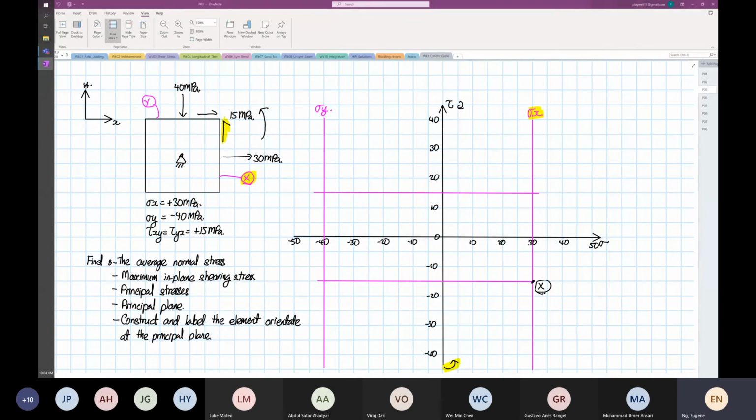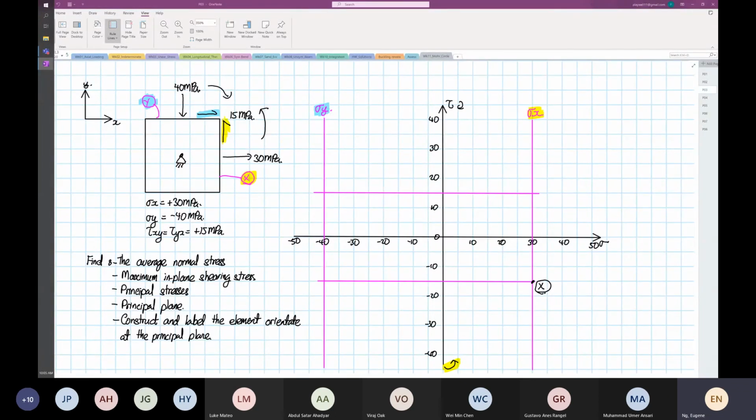And then if you look at your point Y, right? So we're going to look at point Y now. The one highlighted. And point Y will lie on your stress Y line. So we don't know, is it up above the normal stress line or below the normal stress line. Okay. So this over here, the 15 that I highlight in blue will cause the element to rotate in a clockwise direction, right?